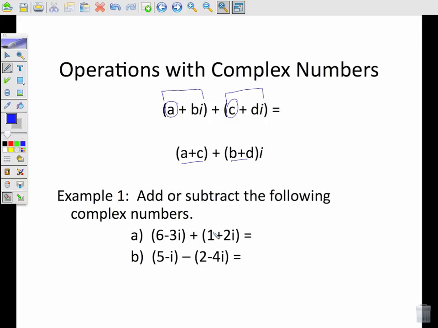Let's do the operations here. 6 plus 1 is 7, and then -3i combined with 2i is -i. That is my answer to the sum of those two complex numbers. In subtraction, you have 5 minus 2, so 3, and -i minus a negative would be plus a positive, so plus 3i. That's my solution to the difference.